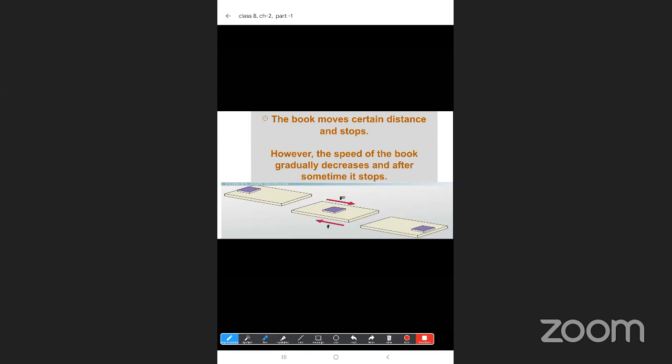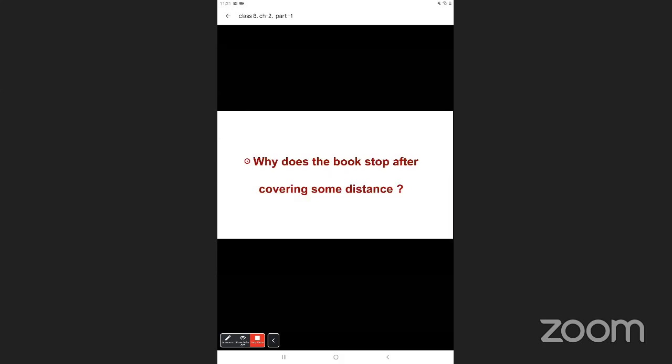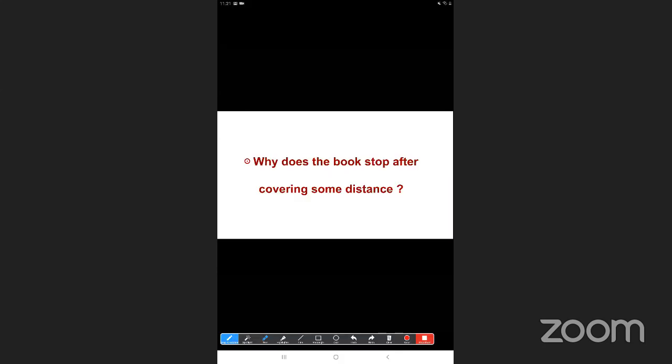Here, the book moves a certain distance. After some time, the book stops because the speed of the book decreases gradually. That's why it stops after some time. Why does the book stop after covering some distance?